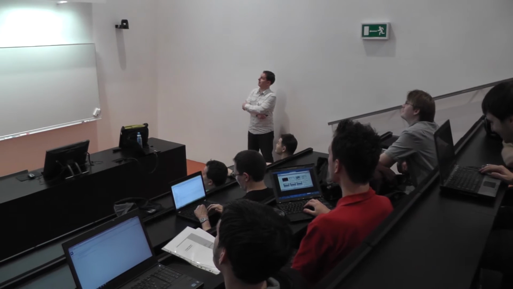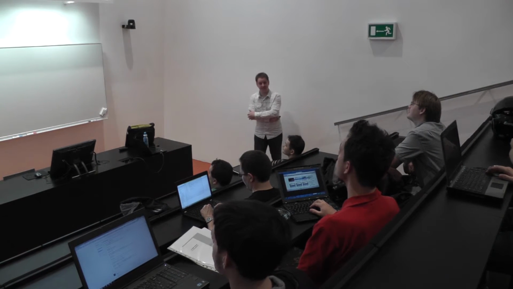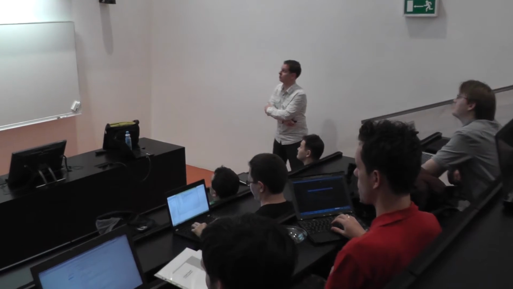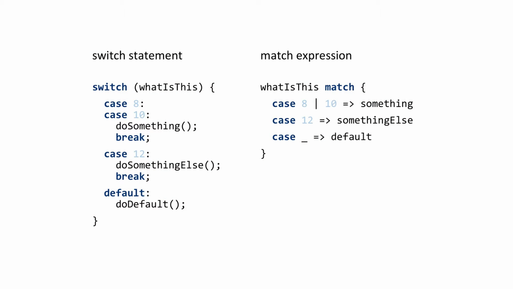So, pattern matching, as I said, is a very powerful concept, and I'm showing you its very simple use, which is similar to a switch statement in Java. On the left side, you have a switch statement, on the right side a match expression written in Scala, which is equivalent code.